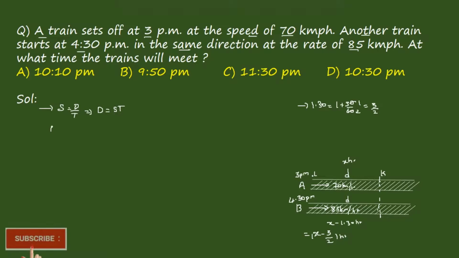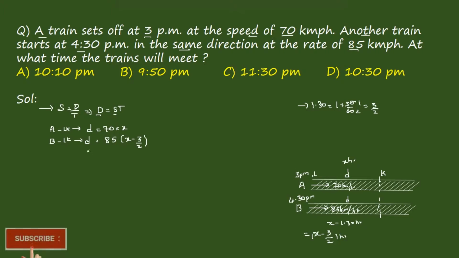If you consider train A, it is moving from L to K. Now distance is D, which is equal to speed, given as 70 kilometers per hour, into time T, given as X. If you consider B, it is also moving from L to K. Now the distance is the same, D, which is equal to speed, 85 kilometers per hour, into time T, which is X minus 3 by 2.